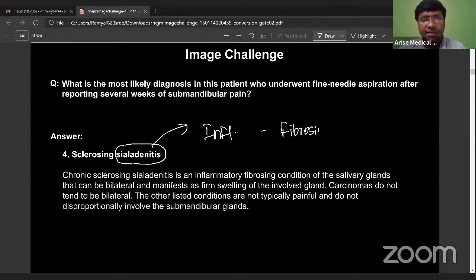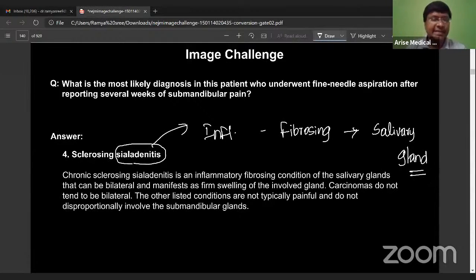An inflammatory fibrosing condition of the salivary glands. And these are usually bilateral.